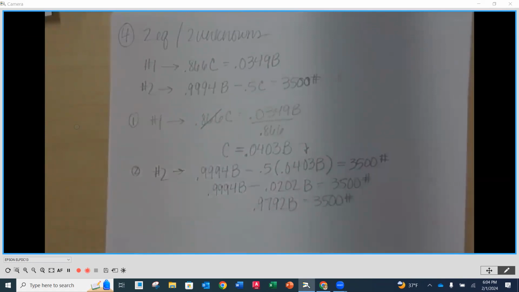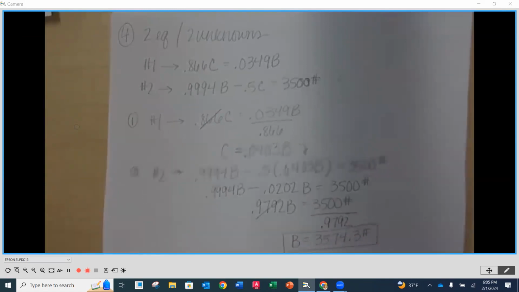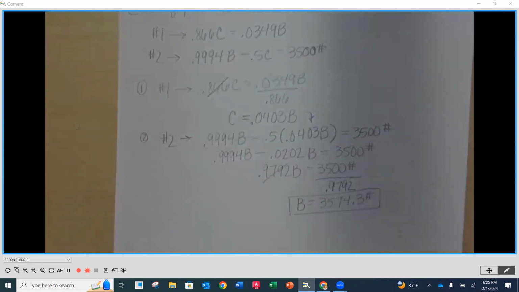Notice I'm putting my units in every single line. Solving for B, divide by 0.9792 on both sides. B is equal to, so you should get, once you've got it all plugged in, 3574.3.